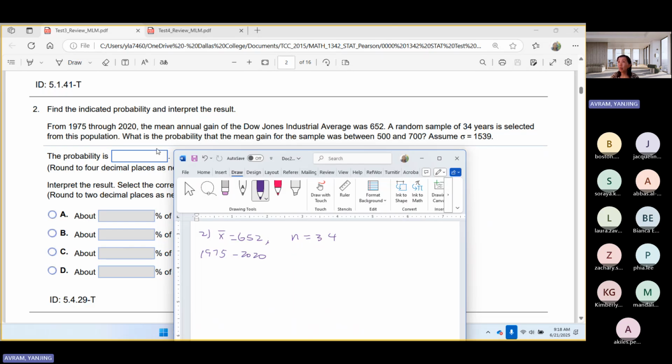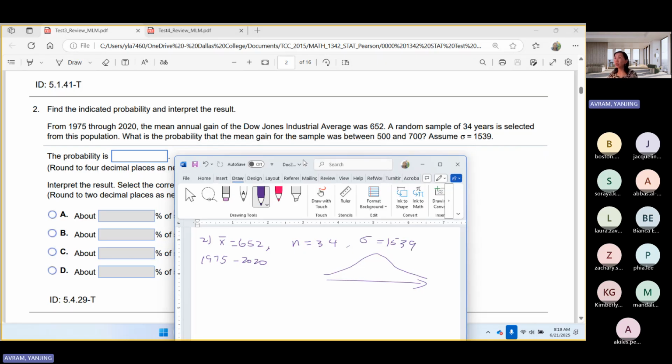So what's the probability of the mean gain for the sample was between 500 to 700. Okay, so we can do a little bit of bell curve in here. Okay, assume the sigma is 1539. So first you have to find the probability, right?